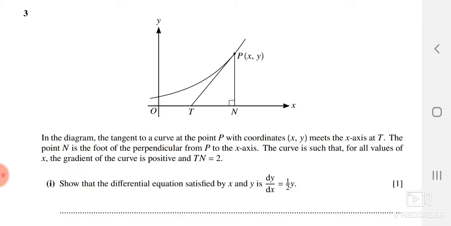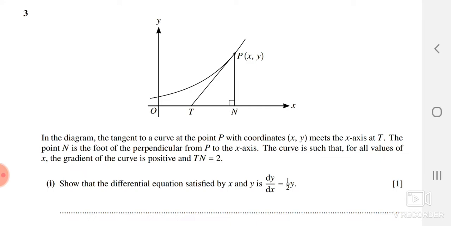Now, in this question, the rate or gradient or equation of the curve is not given. First, look, you have P's coordinates, and these are x, y, and from there N's coordinates are x and 0, and T's coordinates are x − 2, because here you see TN is 2, so the coordinates of T are (x − 2, 0).